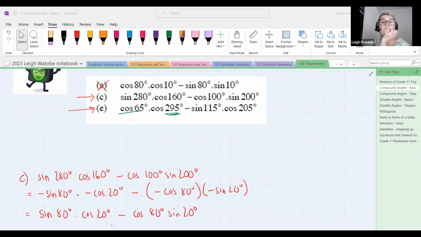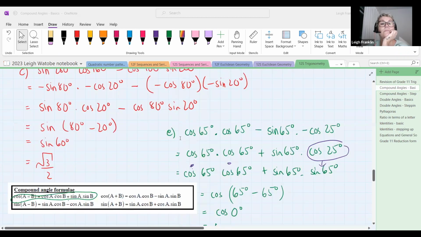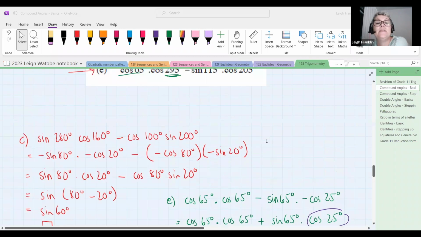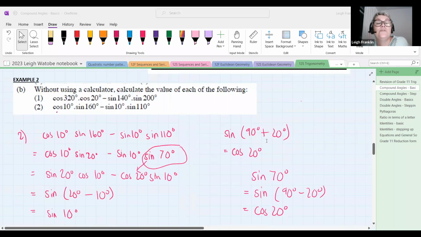Oh, teacher, before you leave, I've noticed that on E, how you did it is way shorter than how I did it. Mine is way longer. Yeah. So you know what? If you keep practicing this, you'll find that it will become easier and easier for you to find quicker and shorter ways to do it.